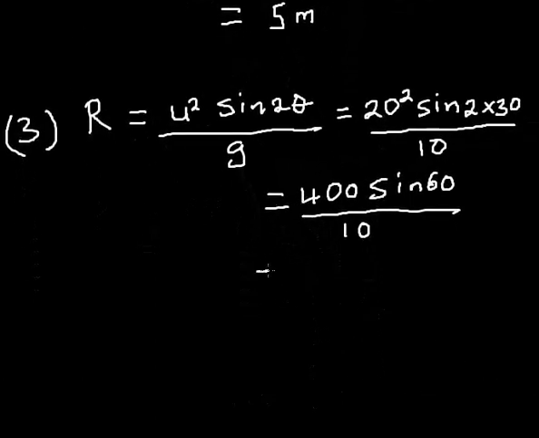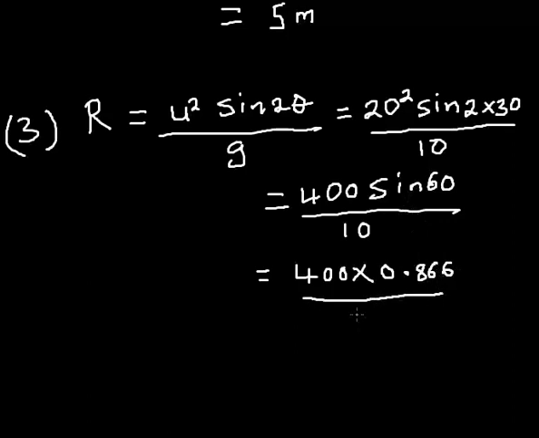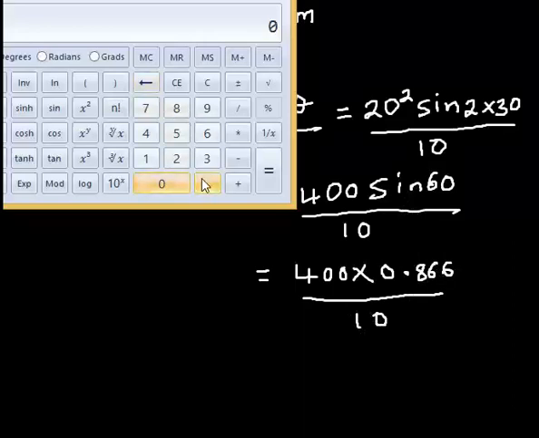So that's going to be equal to 400 times 0.866. Sine 60 is 0.866 actually, then divided by 10. Okay, so 0.866, or approximately 0.87, multiplied by 400, then divided by 10.